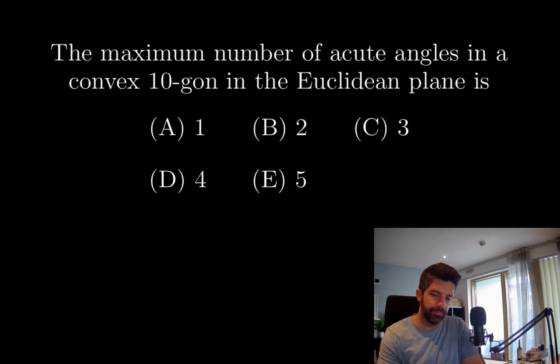So I think what I want to do here is work out what is the sum of the interior angles of a tengon, and see if I can find something there.